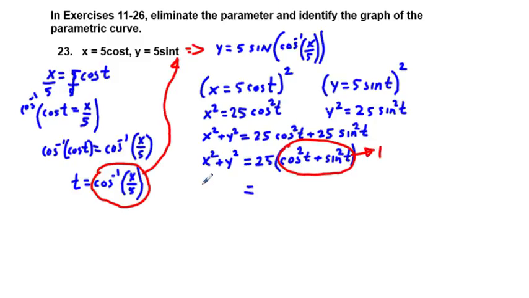So I'm going to rewrite this as x squared plus y squared is equal to 25. And 25 can be rewritten as 5 squared.